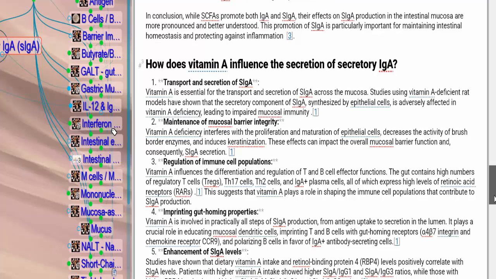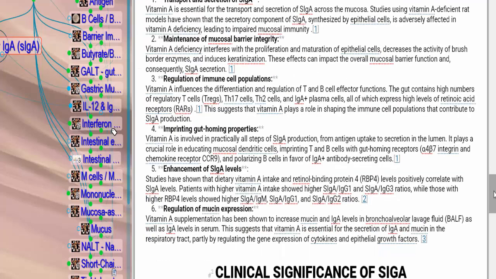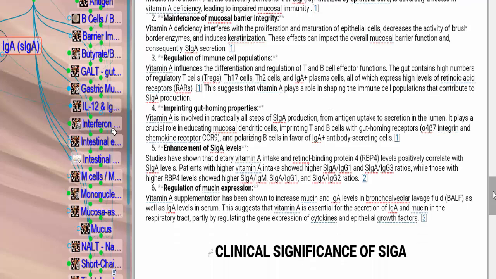It'll be confusing to you. It helps regulate immune cell populations. It is involved in imprinting gut homing properties. So what that means is there are different mechanisms that help various immune cells home in on an area of concern. It's like a homing pigeon.